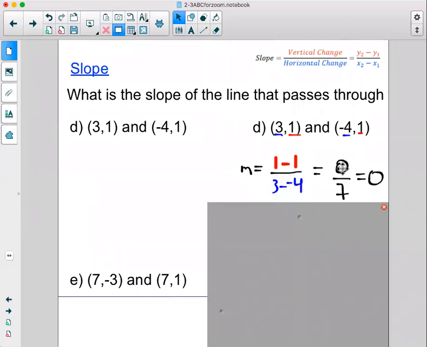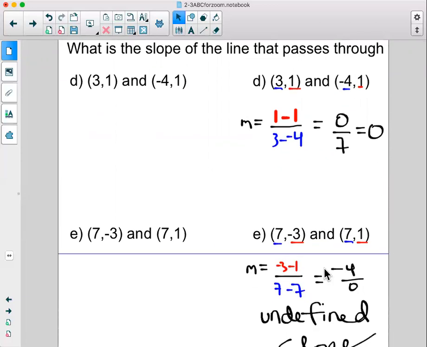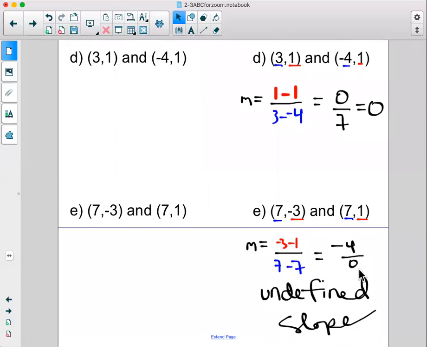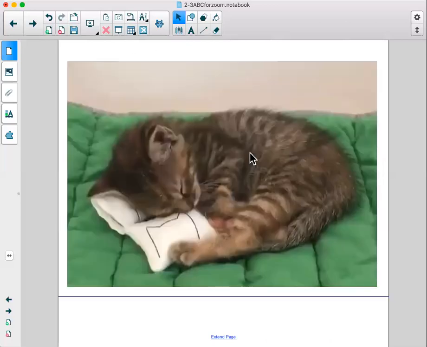And we get 0 in the numerator, which is the number 0. On the other hand, down here, we have 0 in the denominator, and so that's an undefined slope for the line that goes through these 2 points. So the line that goes through these 2 points must be a vertical line with this slope, and the line that goes through these 2 points with this slope is a horizontal line with a slope 0.